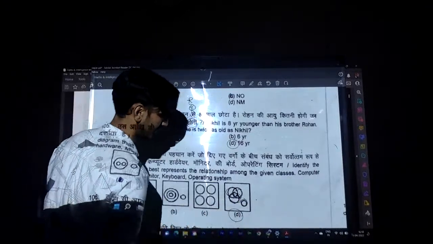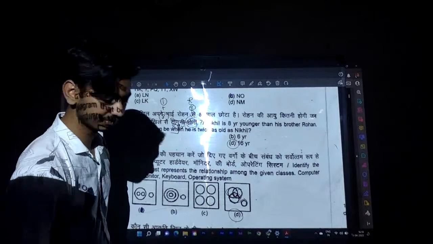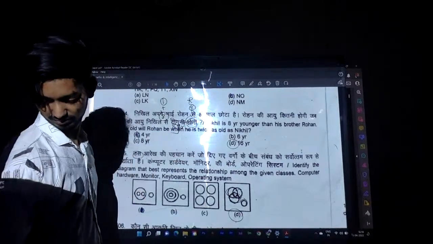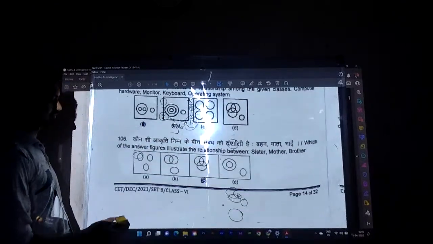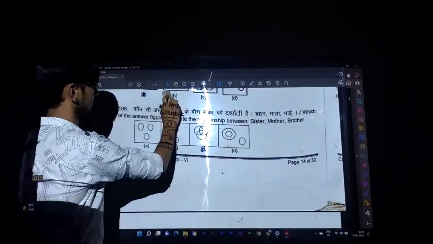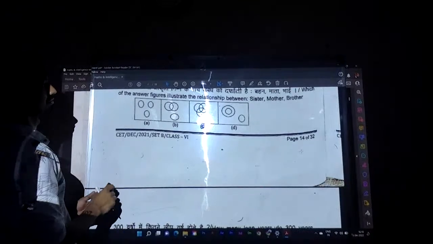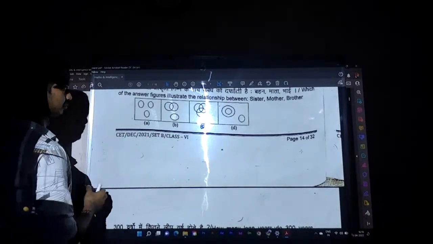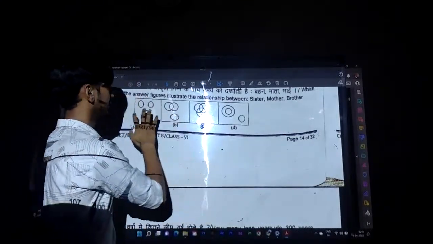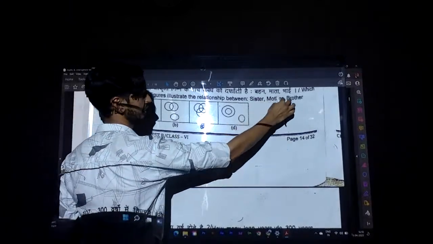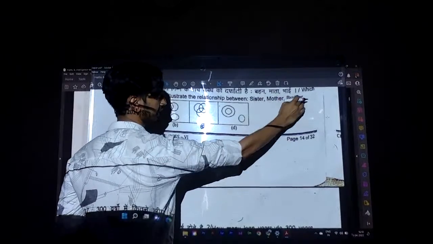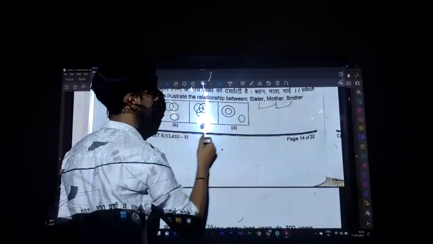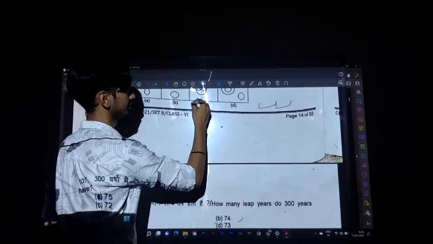So the right option will be option D. In question number 6, in this figure we have to show sister, mother, and brother's relation. They all are connected with each other relation-wise. So this will be option C.